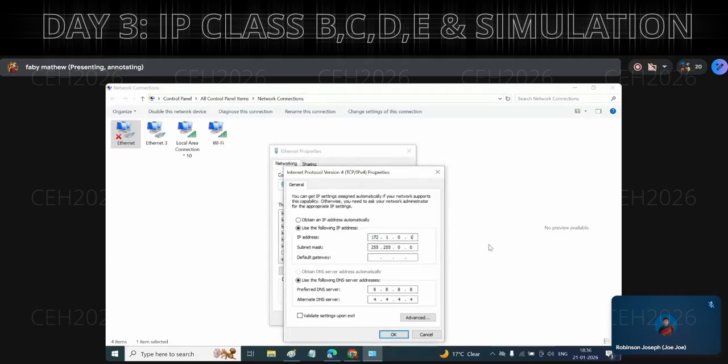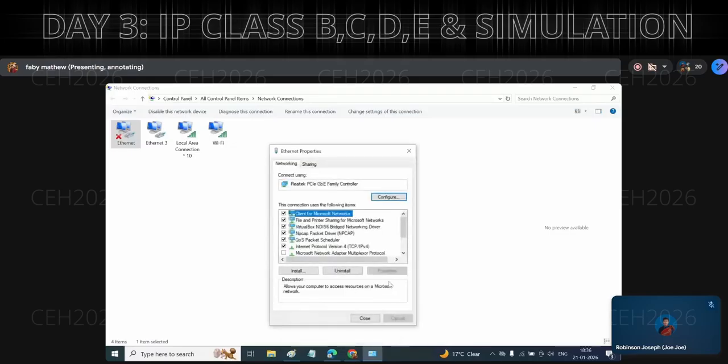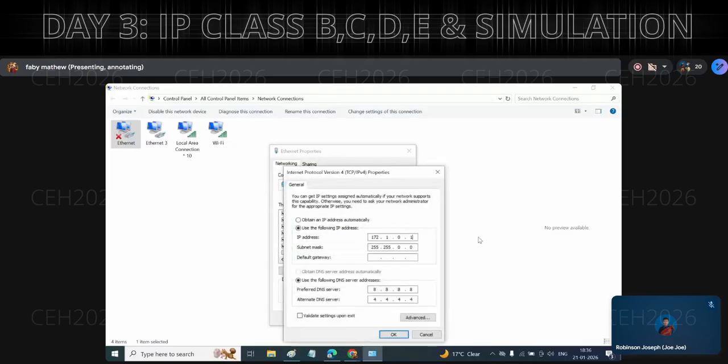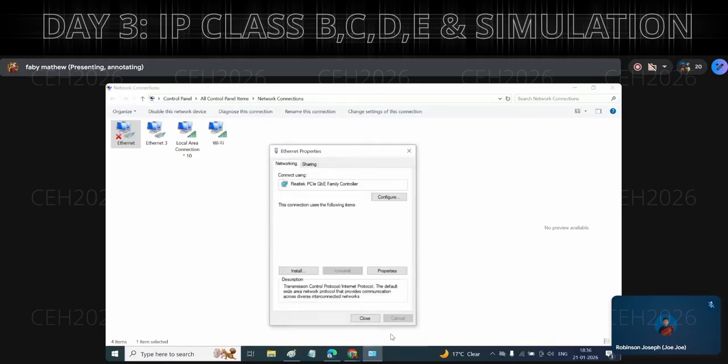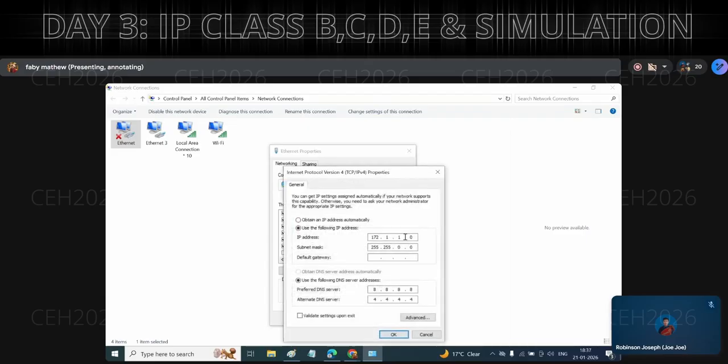Now, if I place the value 1 over here, it is a valid IP address. Suppose I place the value 0 over here and place the value 1 over here. Okay. Valid IP address. So we have to turn on a particular bit in the host part, whether in the third octet or in the fourth octet. It would be a valid IP address.